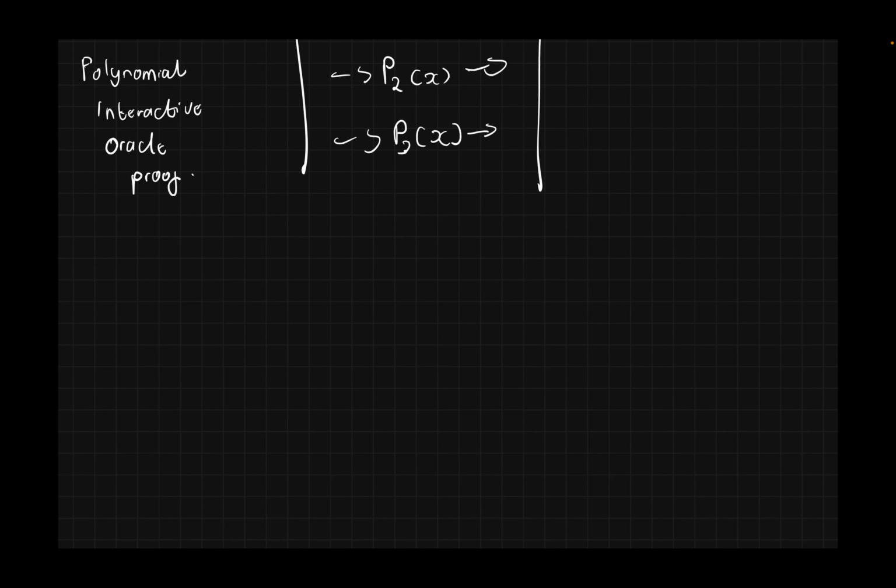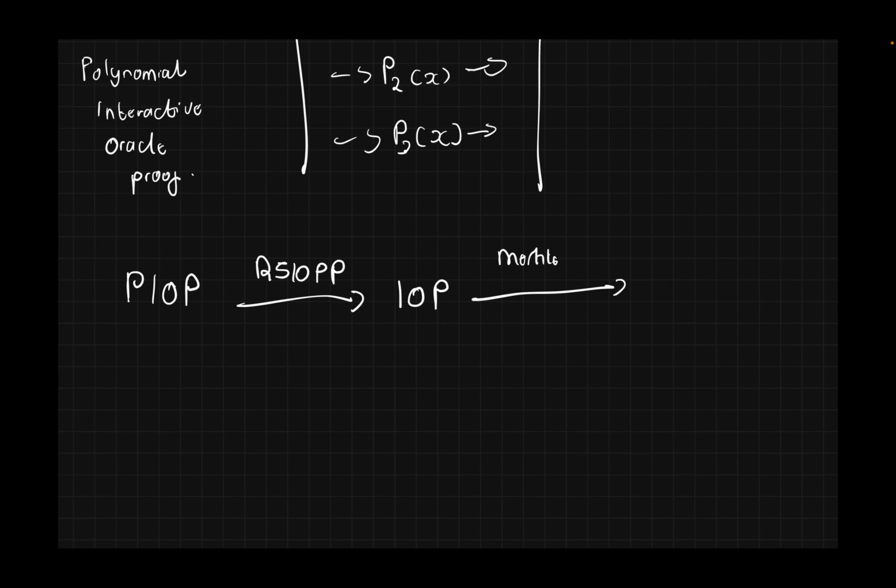So if you want to go from a PIOP to a SNARK, what you do is you use the PIOP, then you use the Reed-Solomon interactive oracle proof of proximity to convert it into an IOP. Then you use a Merkle commitment to convert it into a SNARK.